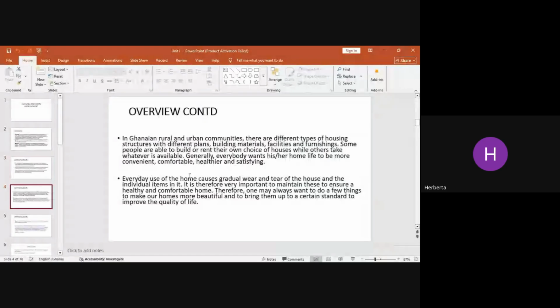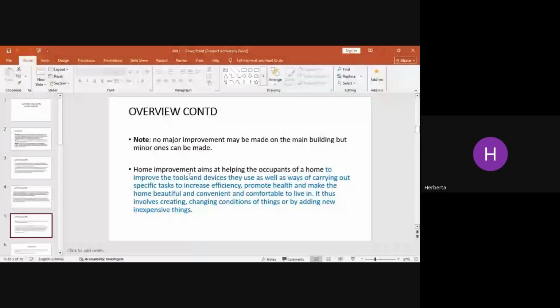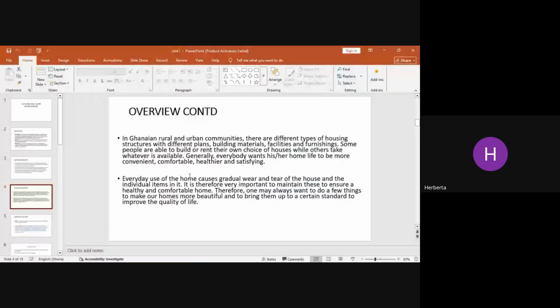We also stressed that the equipment that we use in these homes, with time, their efficiency is reduced, and therefore there is a need to improve or work on its efficiency. And working on its efficiency, its convenience, is what we call improvement in the home, and it is not renovation. It goes beyond that.